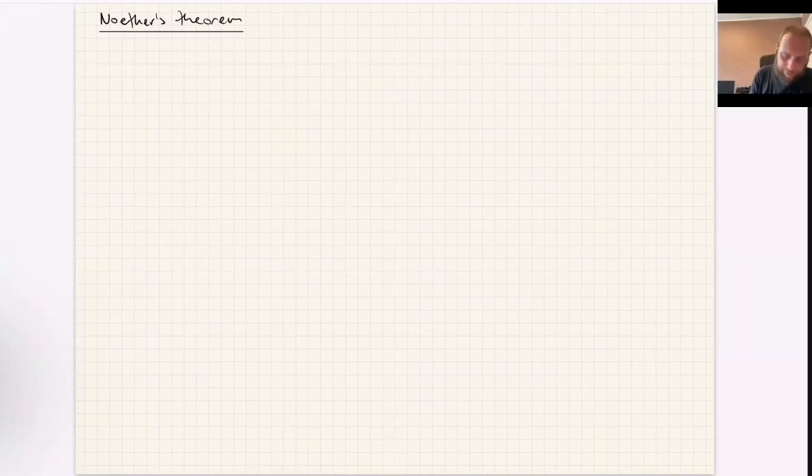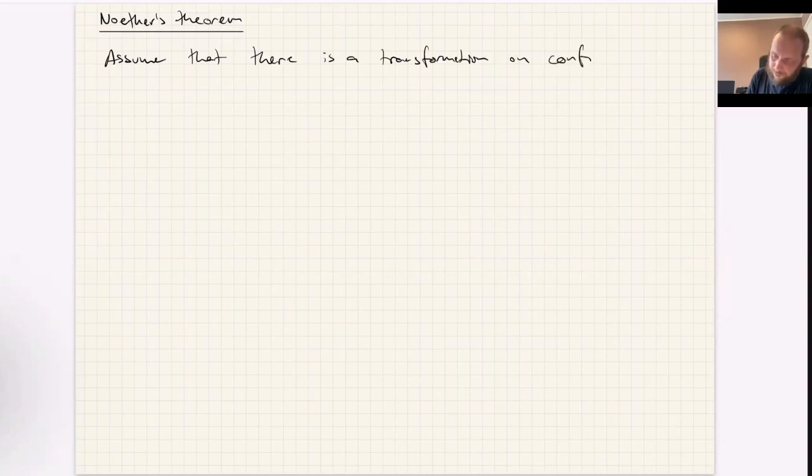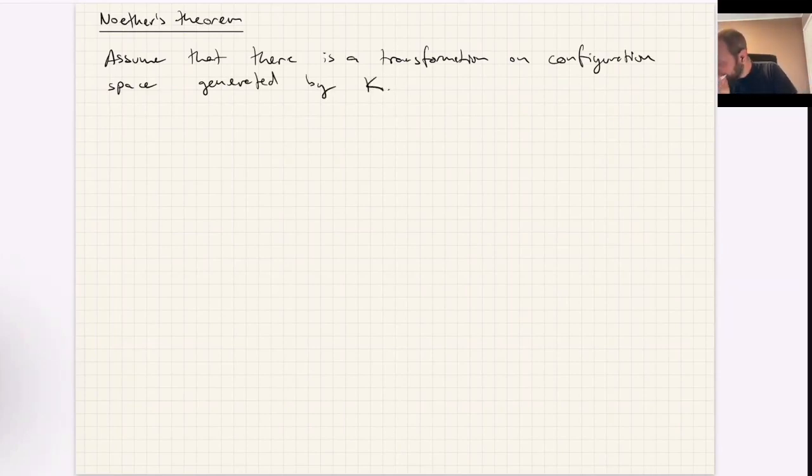I'm going to assume that there is a transformation of a configuration space generated by some vector field K, right? So how vector fields generate transformations through their flows.